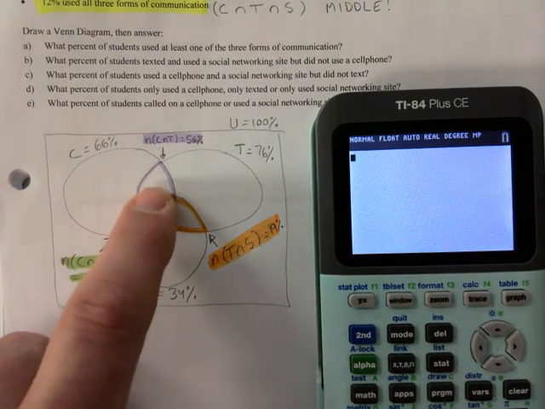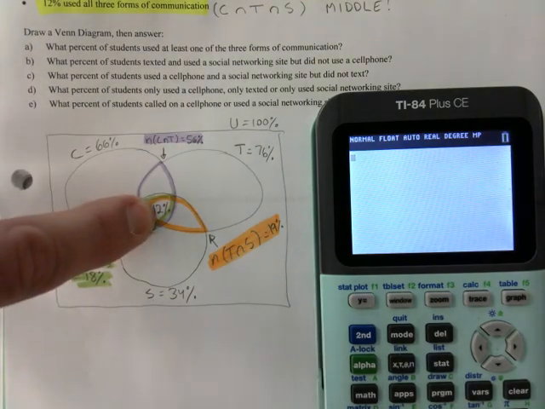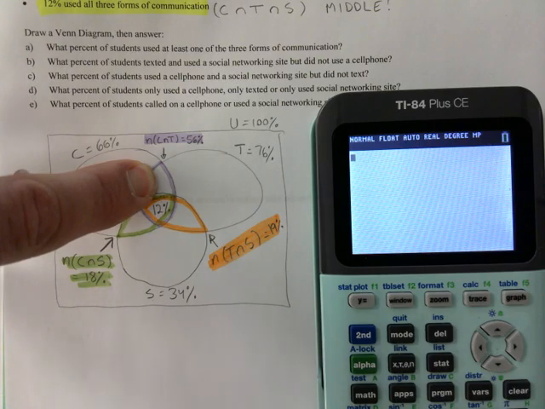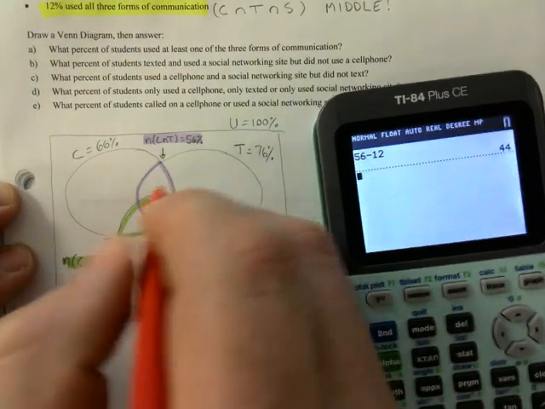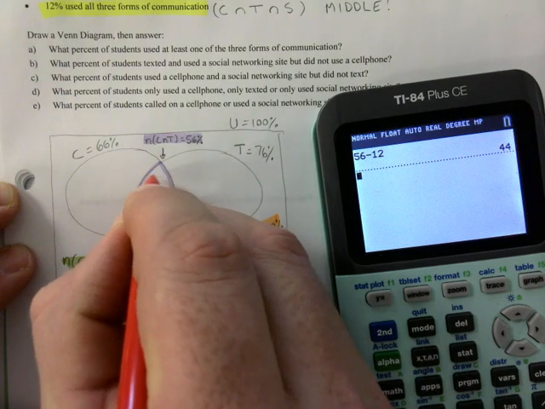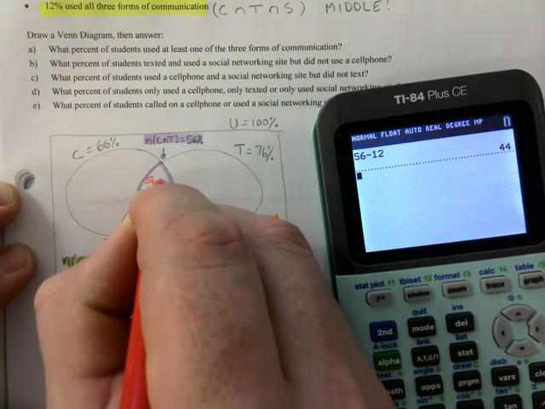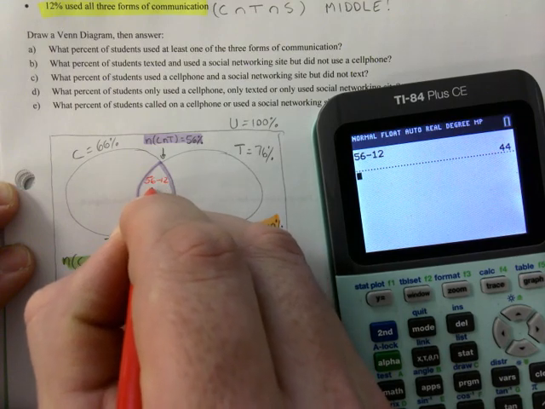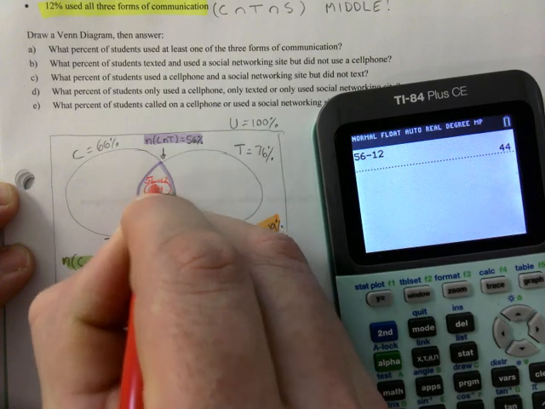So how would we get this number here? We would go 56 minus 12 to get that. So 56 minus 12, that's 44. And I'm going to circle that, 44%.